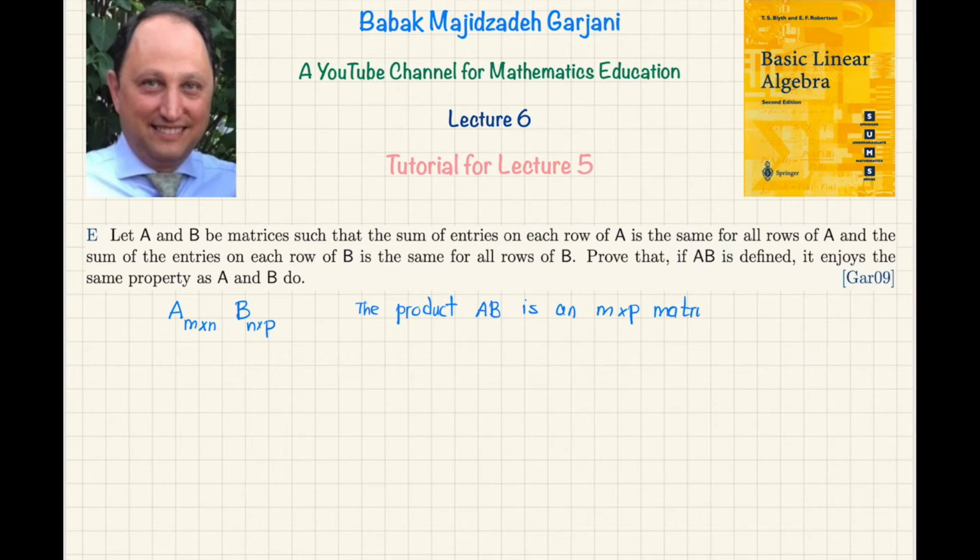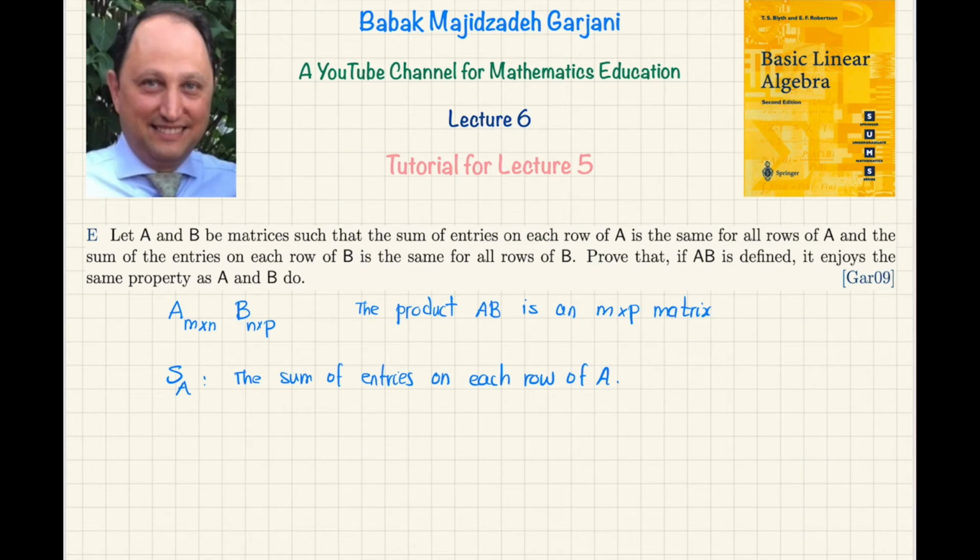We also know that the sum of all the rows of the matrix A are the same number. So let me call it SA, the sum of entries on each row of A. This has been claimed by the problem itself.